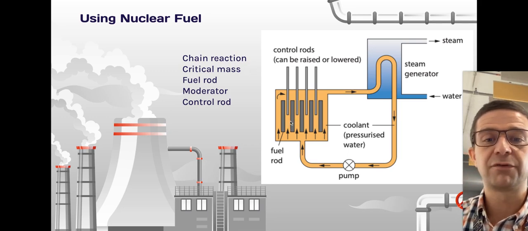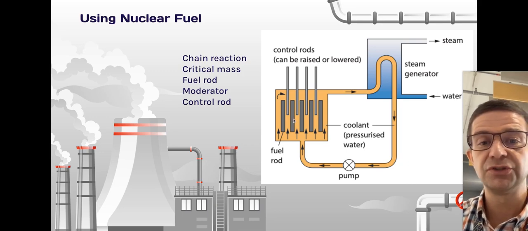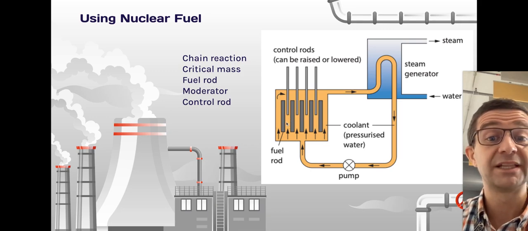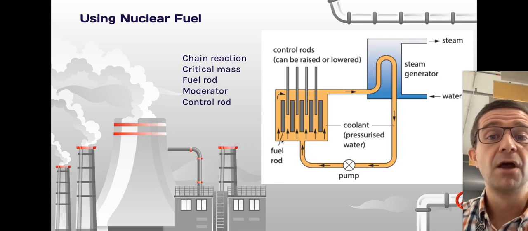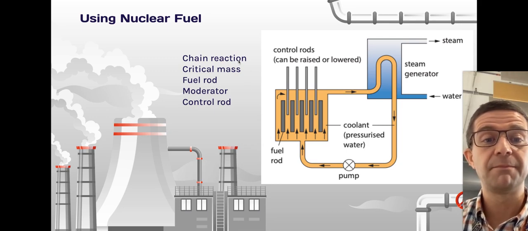So, one neutron, for example, might cause a nucleus inside of this second fuel rod to undergo fission, releasing 2 or 3 additional neutrons, which may bump into these other fuel rods, ultimately releasing more and more neutrons, which can be a runaway problem.